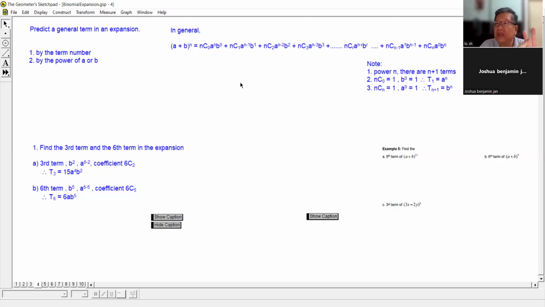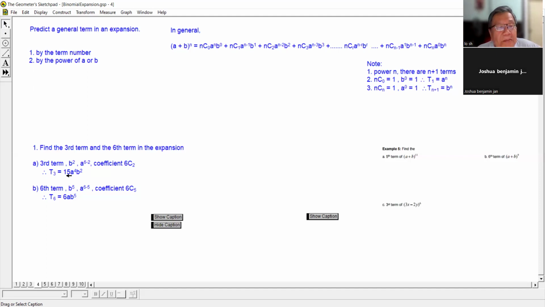Since you know b is raised to the power of 2, what is the power of a? 4. How to get 4? 6 minus 2, you get 4. Now, if b is raised to the power of 2, the number in front is how many?